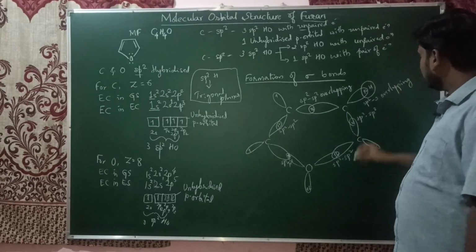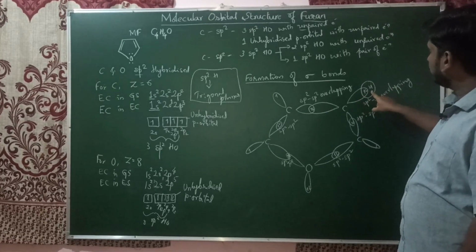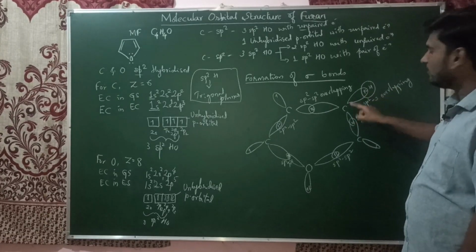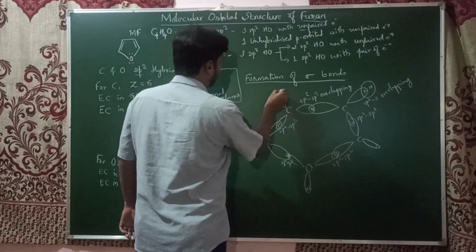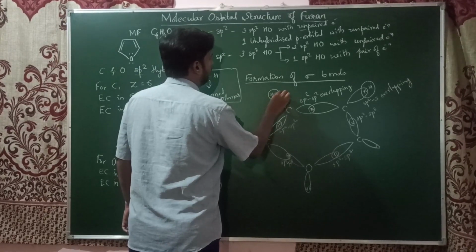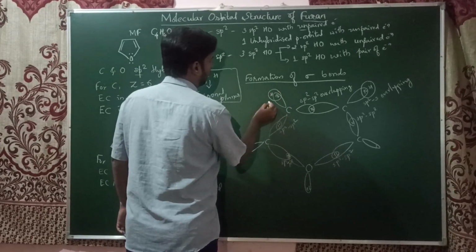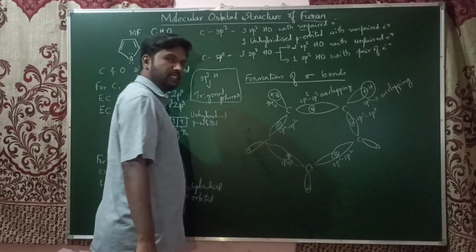So please remember, sp2-s overlapping results in the formation of the carbon-hydrogen sigma bond. Here also the same thing happens. This hydrogen s orbital and sp2 hybrid orbital of the carbon atom will overlap, forming a C-H sigma bond.